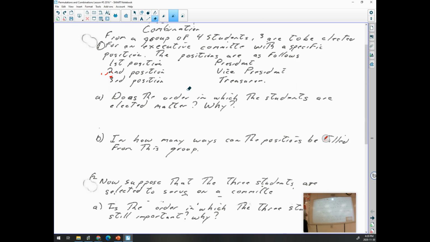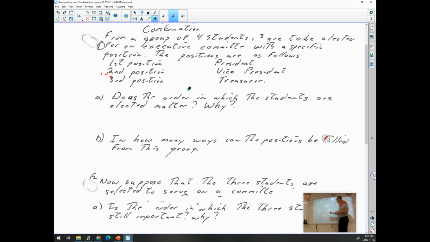So this here is an arrangement. Group of 4 students, 3 are to be elected to an executive committee with specific positions. First person gets the most votes, gets the presidency, second gets vice president, third gets treasurer. So does order matter?